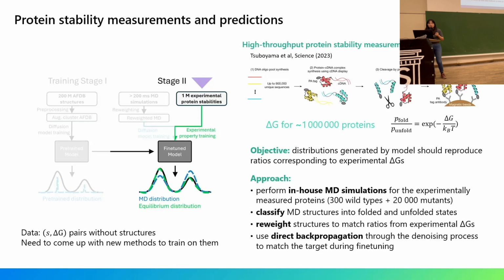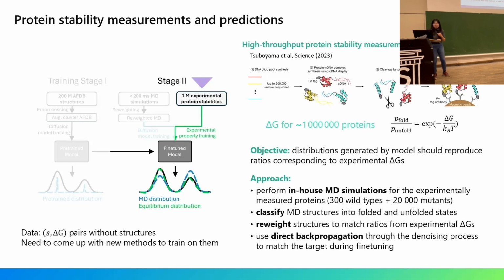Also, with those simulations, we can classify the structures into folded and unfolded states. But since they depend on the initial condition and also on the force field, the fold and unfold ratio is not going to match the experimental measurements.